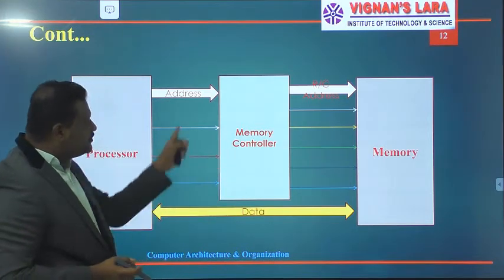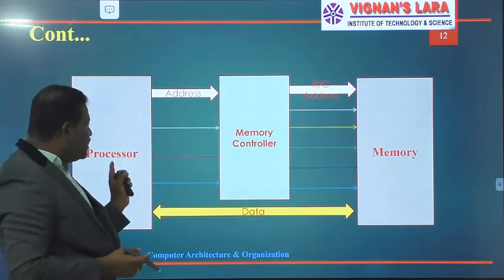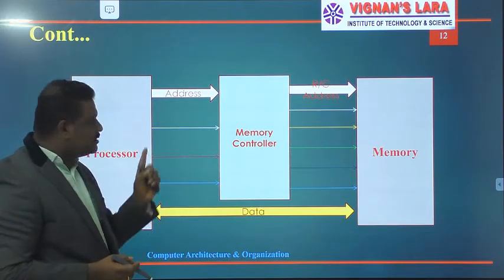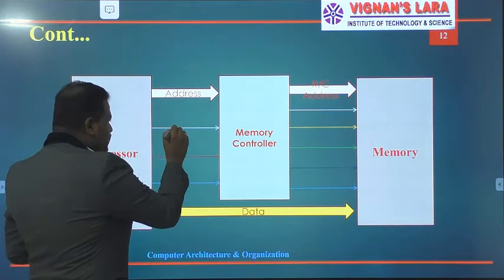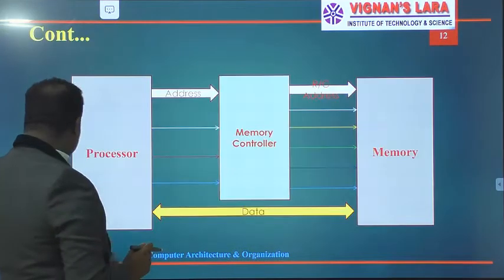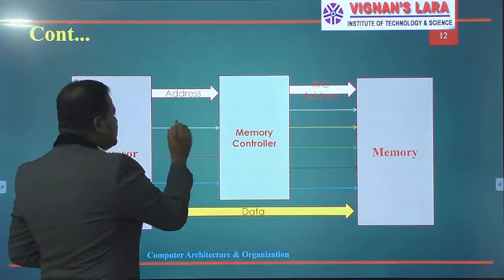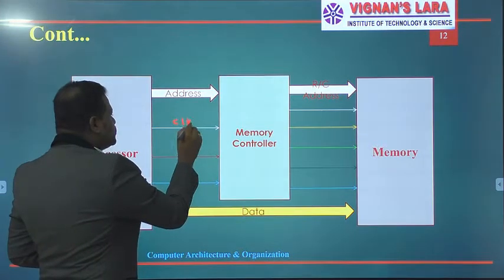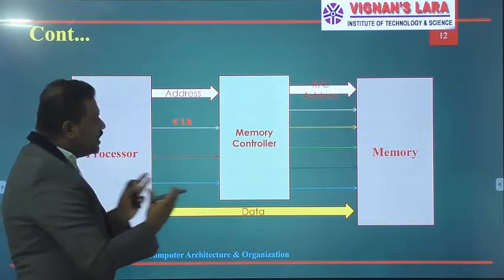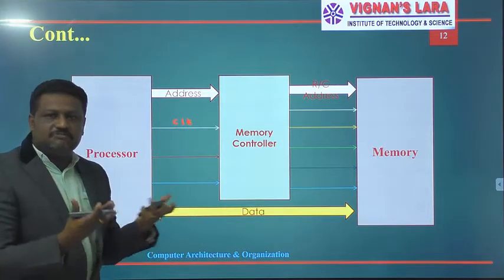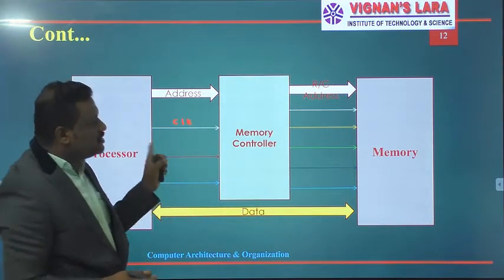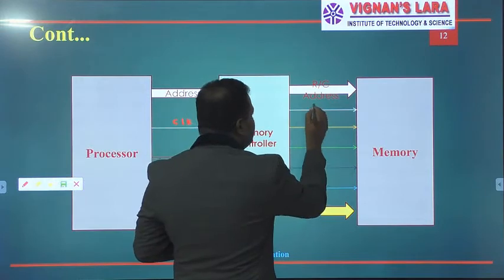And here there are different control signals between the processor and the memory controller. The first one is the clock signal, CLK. Because our system is synchronous, no doubt we need a clock. The same clock we apply to the memory also.